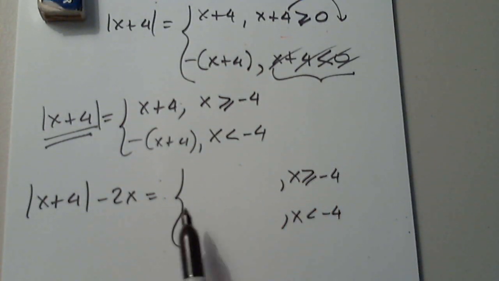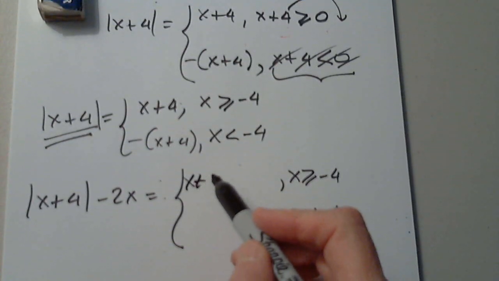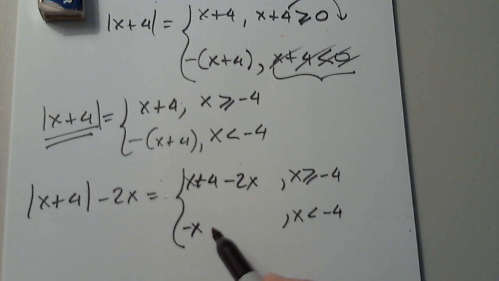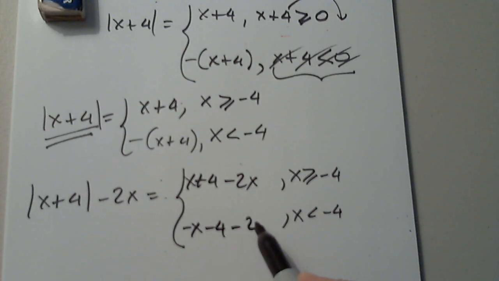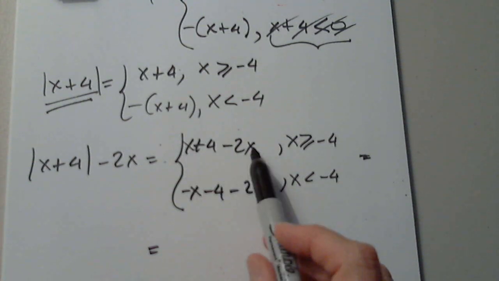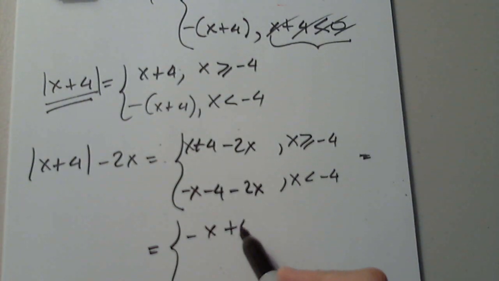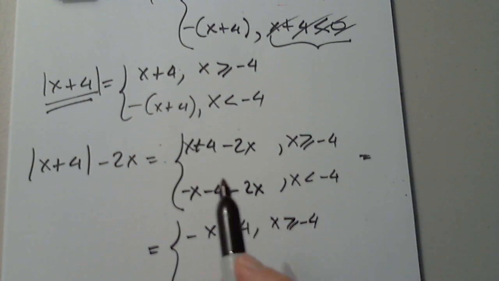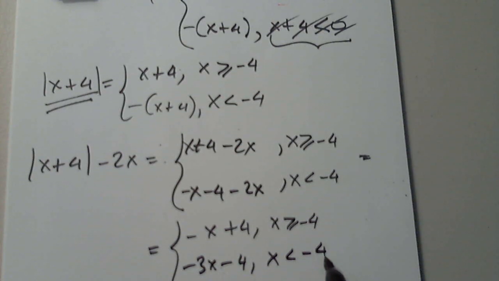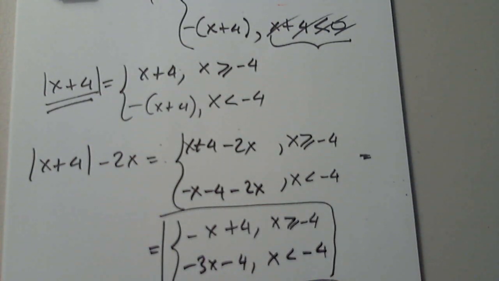So x plus 4 minus 2x, and then negative x minus 4 minus 2x. So this equals x minus 2x, which is negative x plus 4, for x greater than or equal to negative 4, and negative x minus 2x, negative 3x minus 4, for x less than negative 4. This is indeed fully simplified.